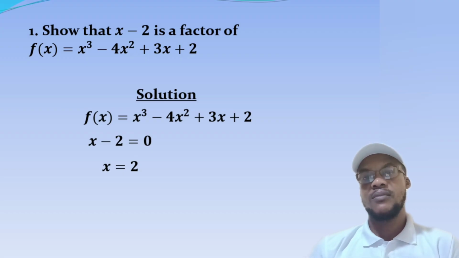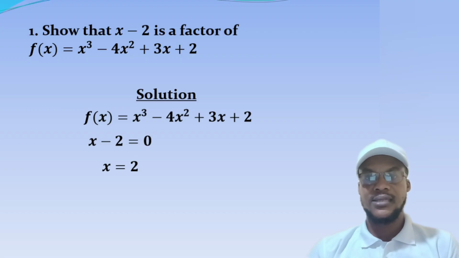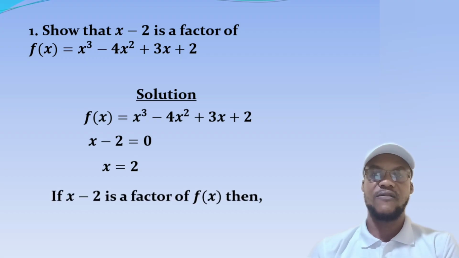Once we have found the zero of that divisor, we substitute 2 into the given function. If we get 0, then x minus 2 is a factor of f of x. Let's see how it works.